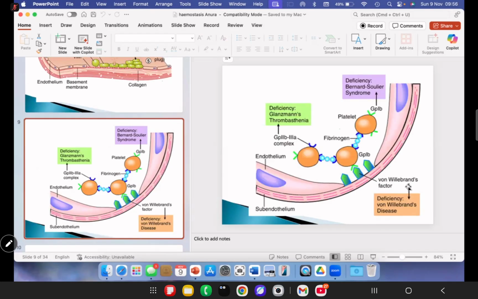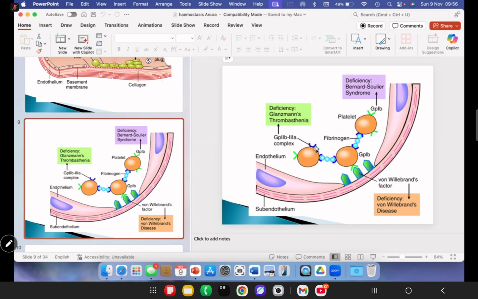The von Willebrand factor, as I said, platelets have a lot of receptors. One is the glycoprotein 1b, which attaches the von Willebrand factor. On the other hand, it has the glycoprotein 2B and 3A.